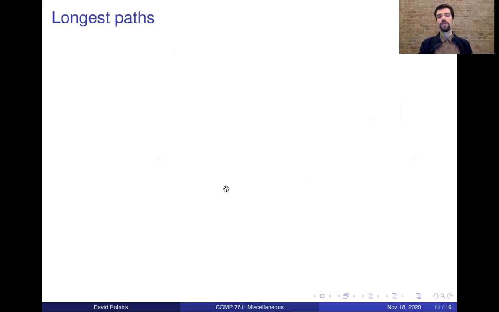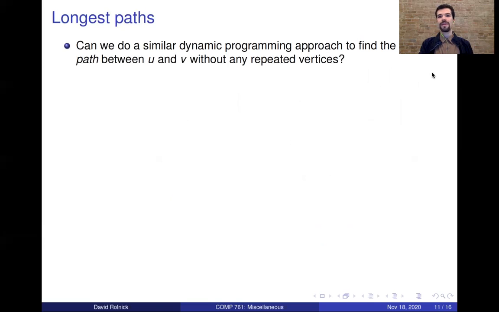Here is a quick intuition for why that doesn't always work. Suppose we were trying to find longest paths. Can we use a similar dynamic programming approach to find the longest path between U and V without any repeated vertices? The answer is no, and here's the reason why.